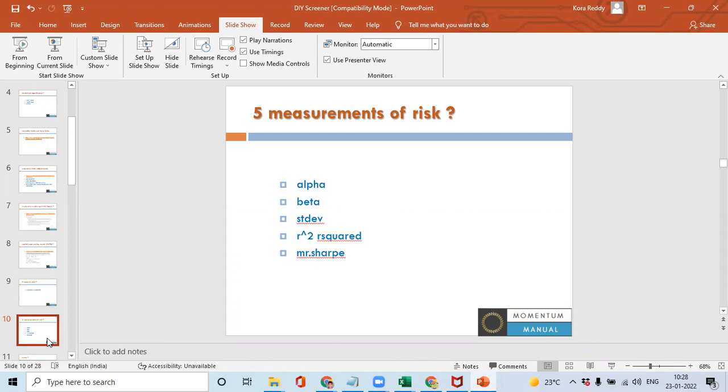So I made 50% or I made 10%, or sometimes you lose also. That's your measurement, how your investments perform. Apart from your returns, these are the 5 important factors that you should be aware of or need to know.